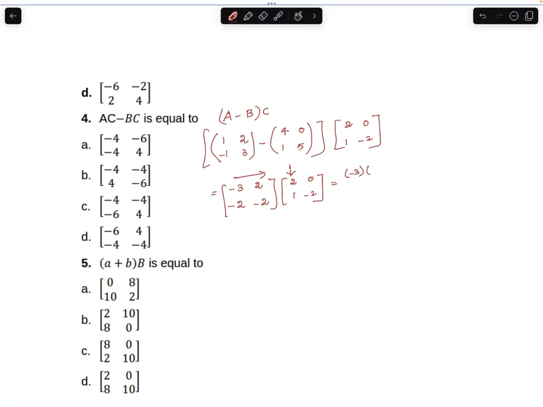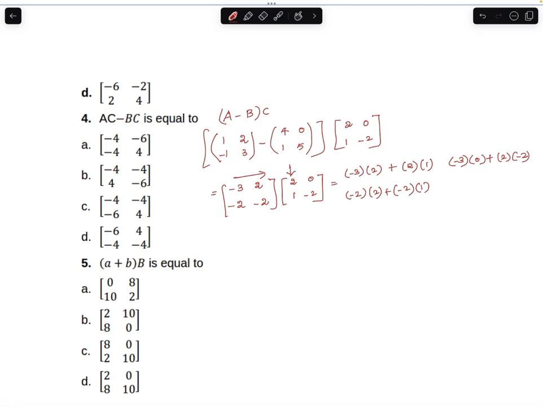Minus 3 times 2 plus 2 times 1. Again, first row on the second column, minus 3 times 0 plus 2 times -2. Second row and first column, minus 2 times 2 plus -2 times 1.